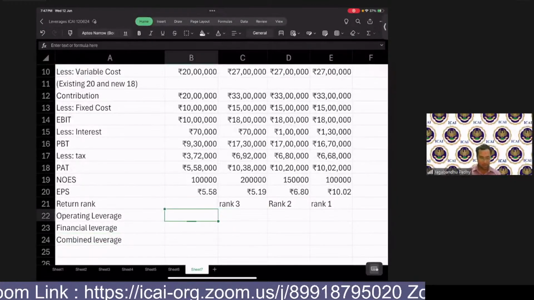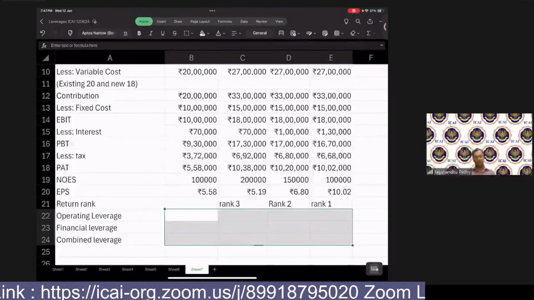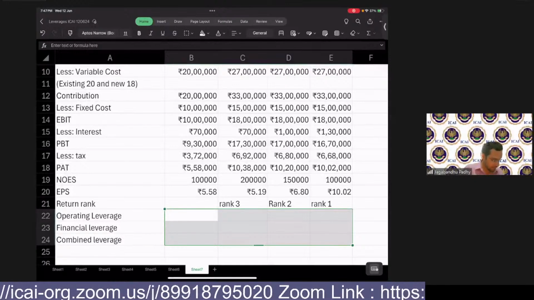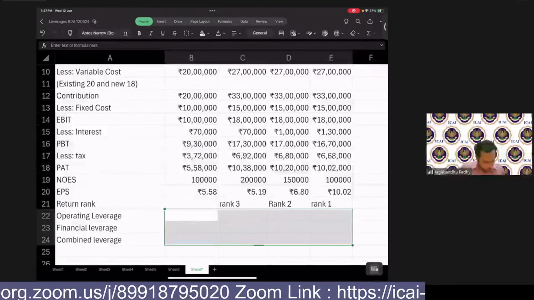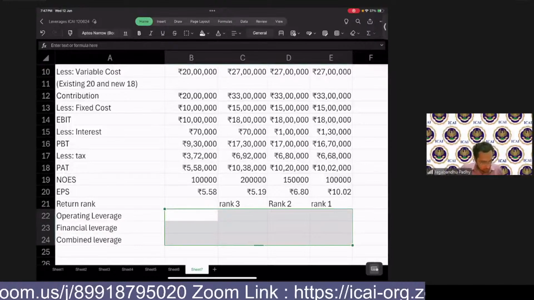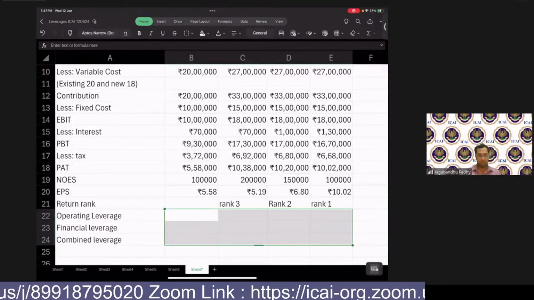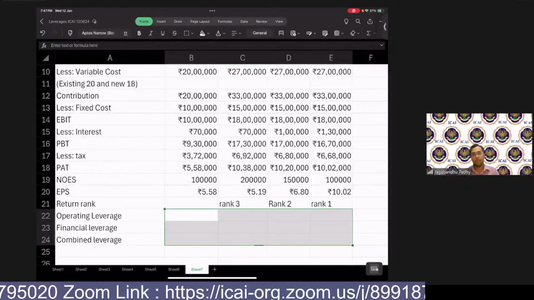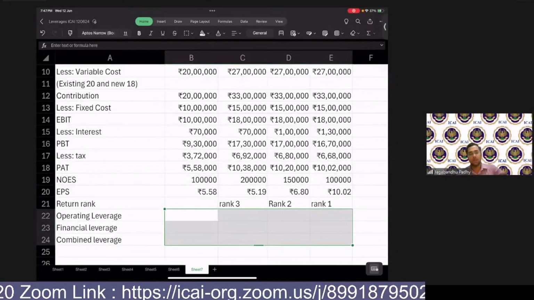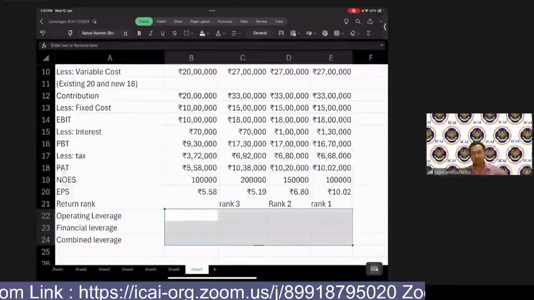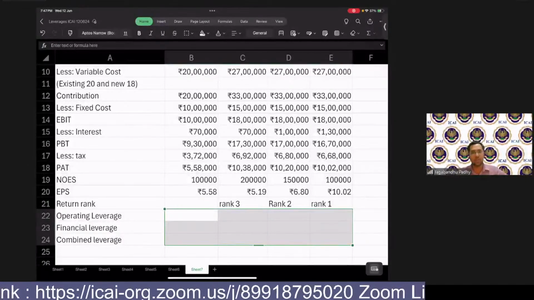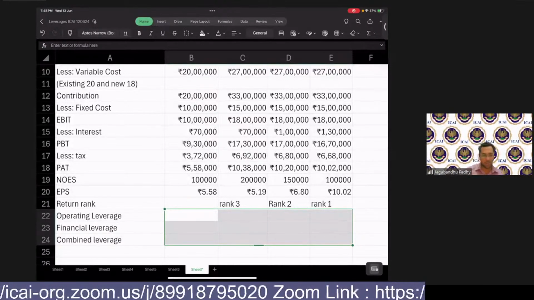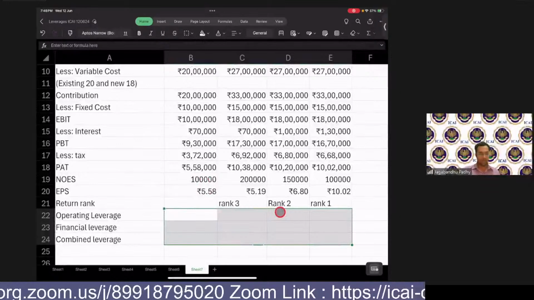Get me these 12 numbers quickly, guys. Get the income statement and calculate the leverage numbers. You already know the formulas, right? Just apply the formula and give me these numbers: operating, financial, and combined leverage.